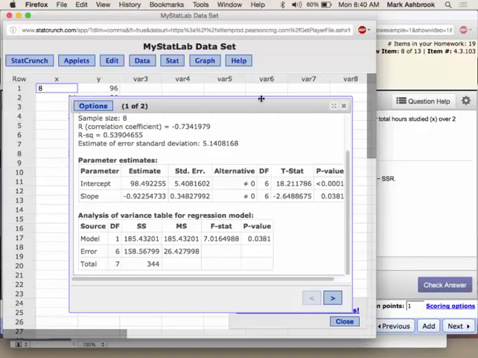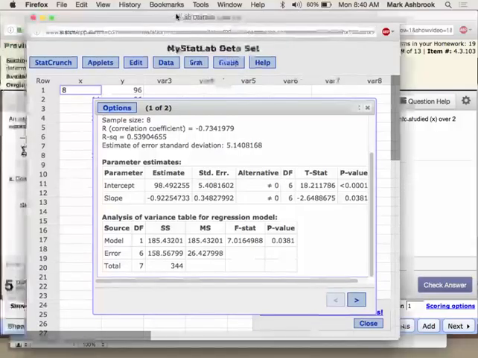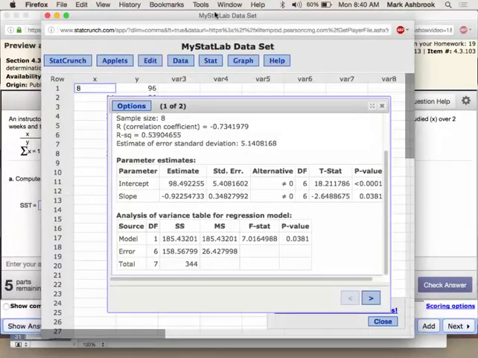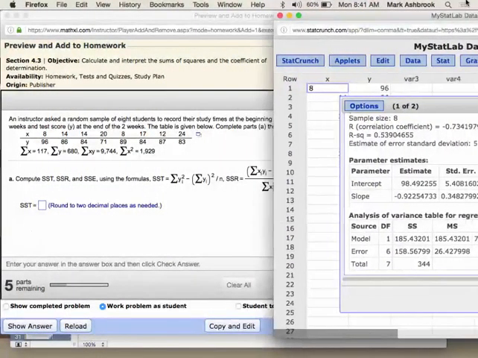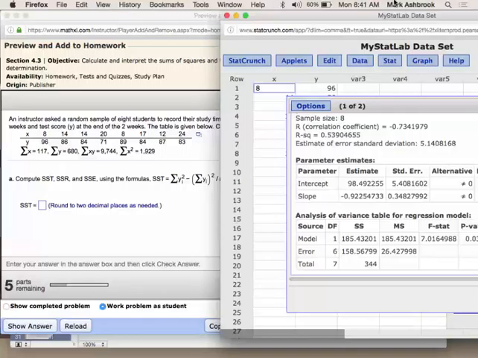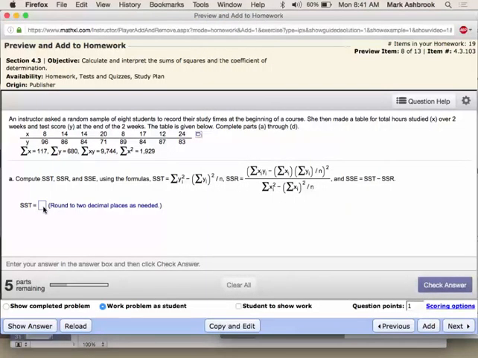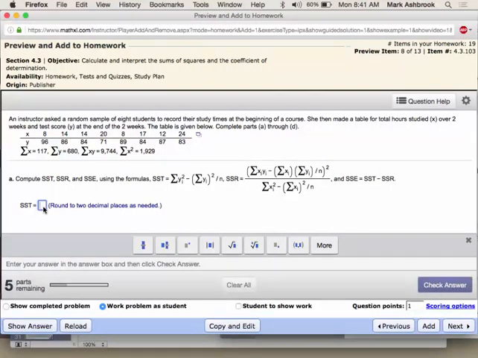SST. Just round to one decimal place if you need to. What do you guys think it is? Everyone write your answer down? 344. Is that the class consensus, 344? Okay. You can't change your answer.